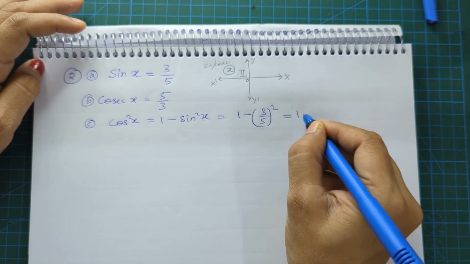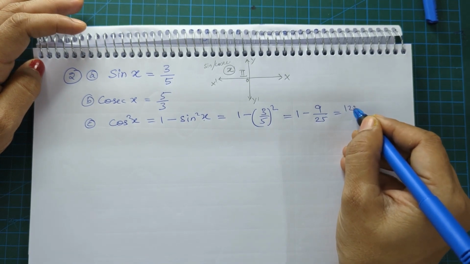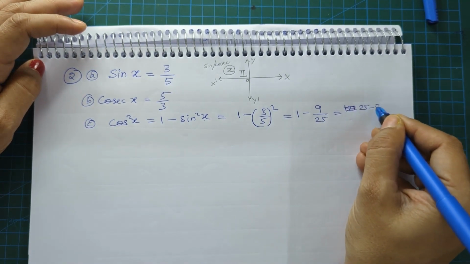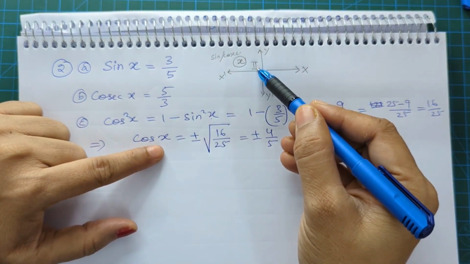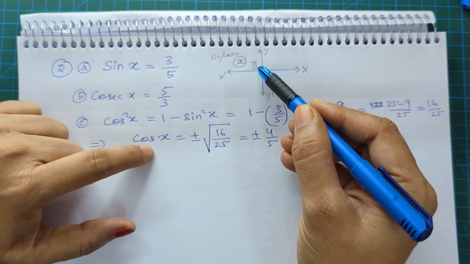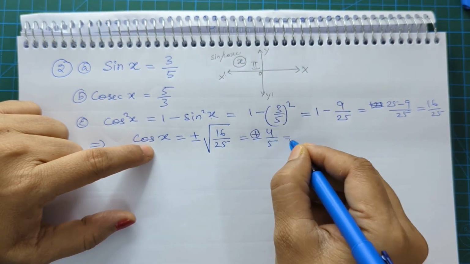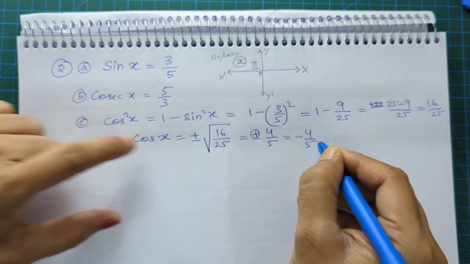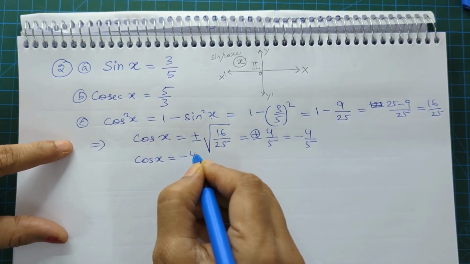So this is 1 minus 9 by 25, which is 25 minus 9 over 25. Cos of the angle that lies in the second quadrant is negative, because cos is negative in the second quadrant. So we will not take plus, we will take negative 4 by 5. So cos x is negative 4 by 5.